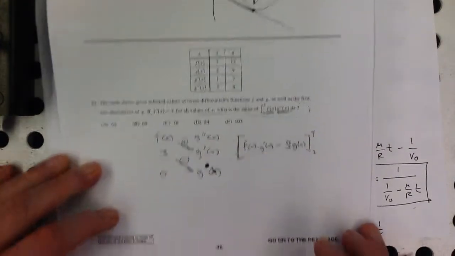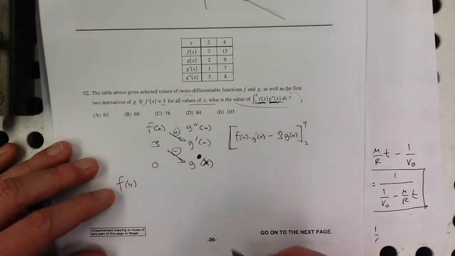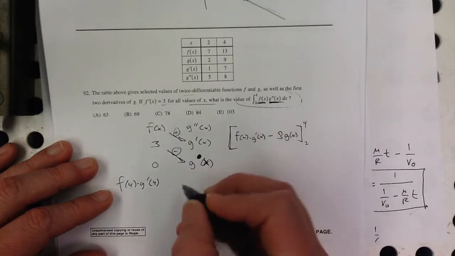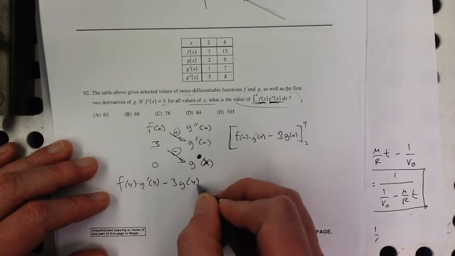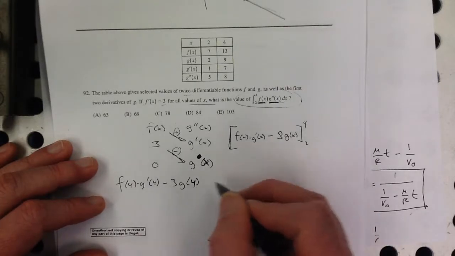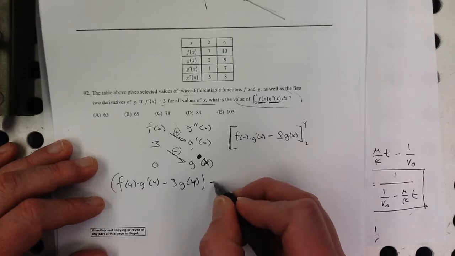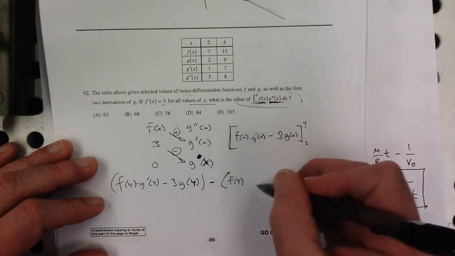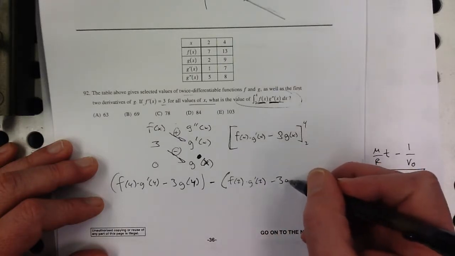Okay, so that'd be f of 4 times g prime of 4 minus 3 g of 4. That's what I get when I plug 4 in, minus f of 2 times g prime of 2 minus 3 g of 2.